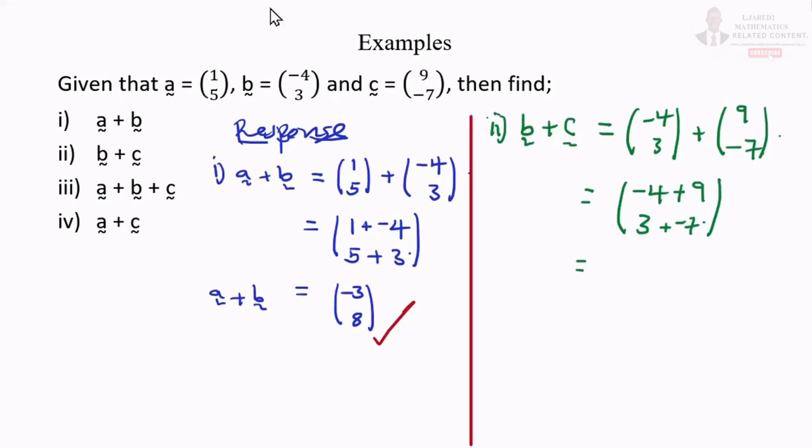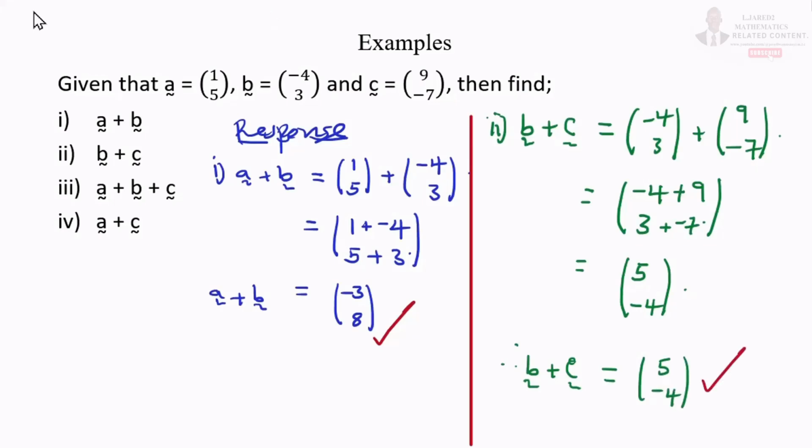Negative 4 plus 9 gives us 5, then 3 plus negative 7 gives negative 4. Therefore, the sum of vector B and vector C gives us the vector 5, negative 4. So this becomes our right answer.